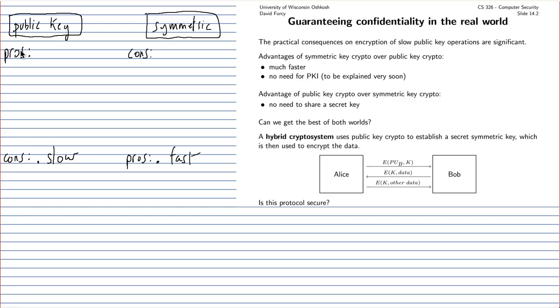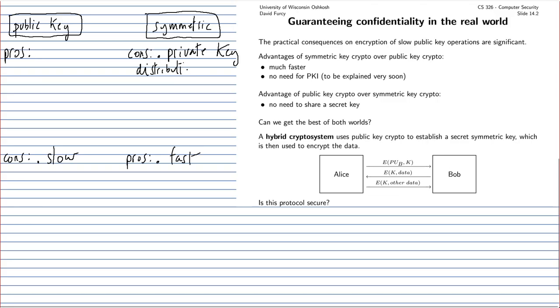Well, that's because symmetric ones have a major weakness, which is the need for the two parties to share a private key. And so somehow that key has to be distributed among the two parties prior to establishing and using the secure channel. So the main con here for symmetric cryptosystems is the need for a private key distribution system.